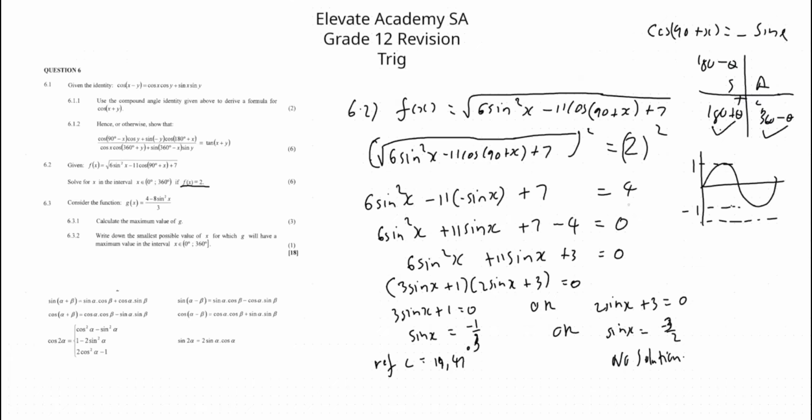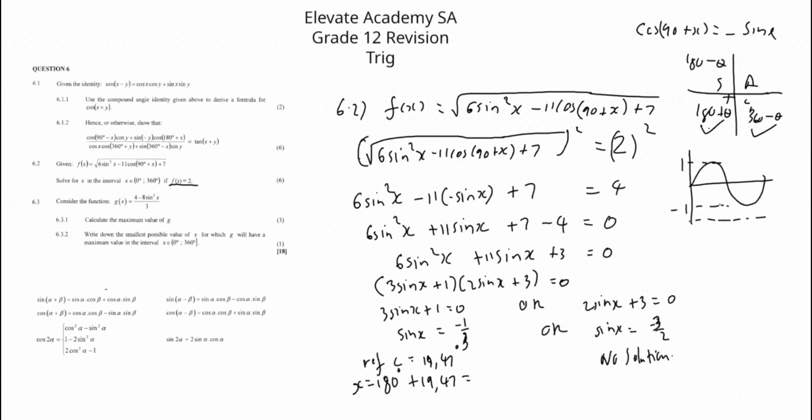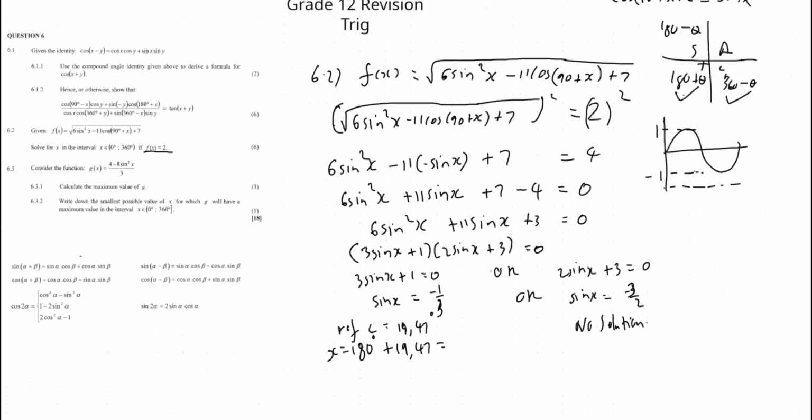So x is equal to 180 degrees plus 19.47, which gives x equal to 199.47 degrees.